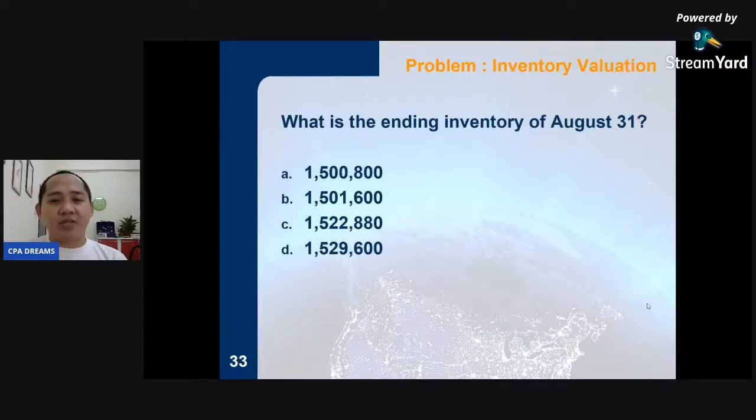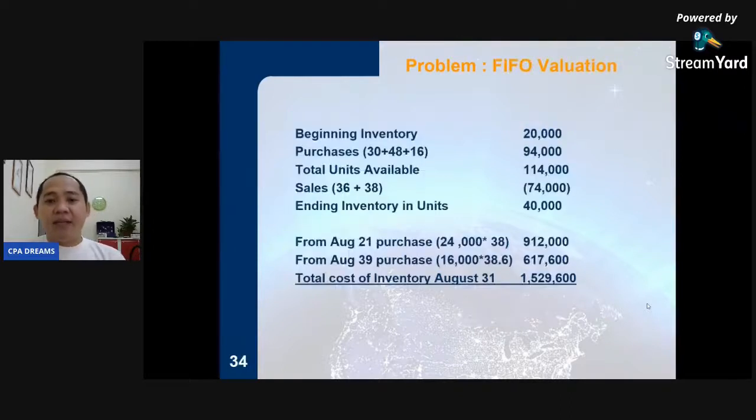Okay? So, what is the answer? Answer is D, 1,529,600. Okay? Now, eto siya. Paano kinalculate? Beginning inventory, 20,000. Yung purchases mo, 94,000. Total units available, 114,000. And then yung sales mo, 36,000 plus 38,000, equals 74,000.